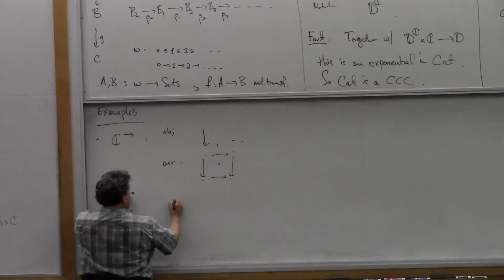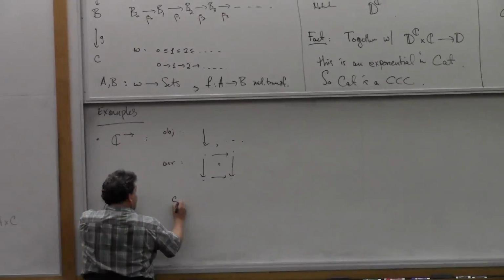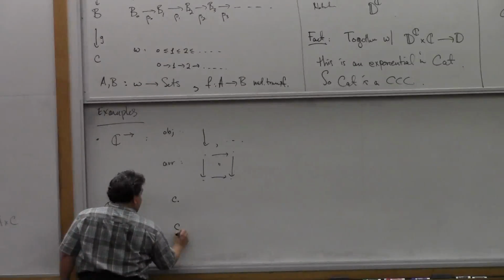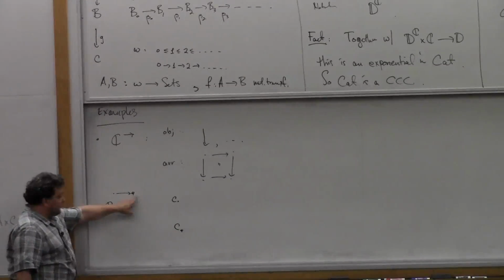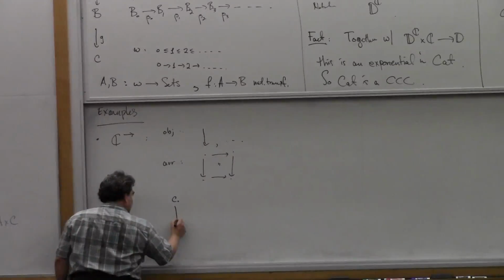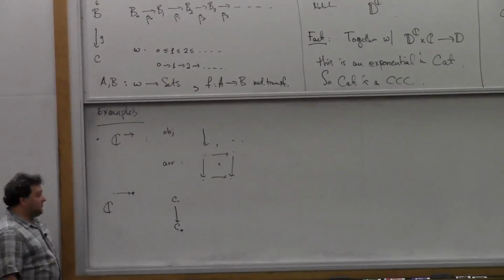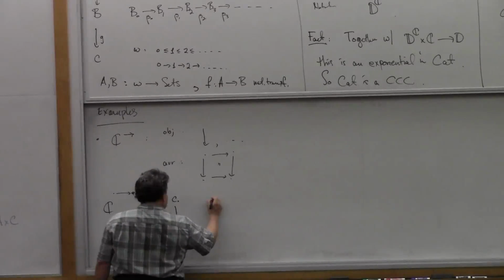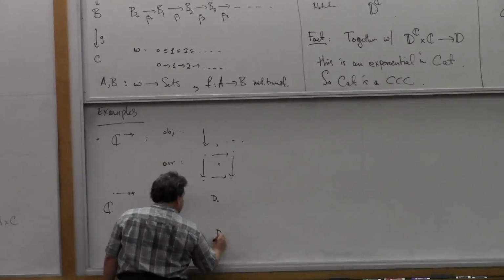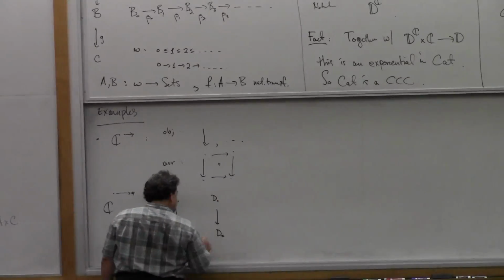They're going to be things of the form C, one for the dot, one for the star, and this arrow has to go to something in C, so it'll be an arrow here. So that'll be one such object. Another such object will be something like this: D, one for the dot, one for the star, and then an arrow between them.